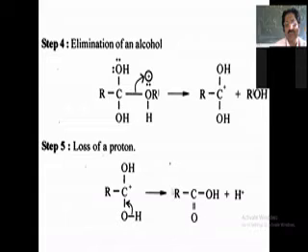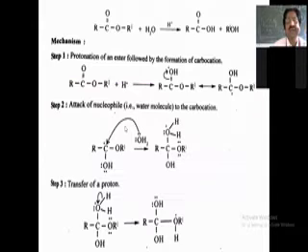So you are getting this molecule, and that is the carboxylic acid. So these are the final products you are getting in the bimolecular acid hydrolysis of an ester, where you get the acid and the alcohol, as I had shown at the beginning.